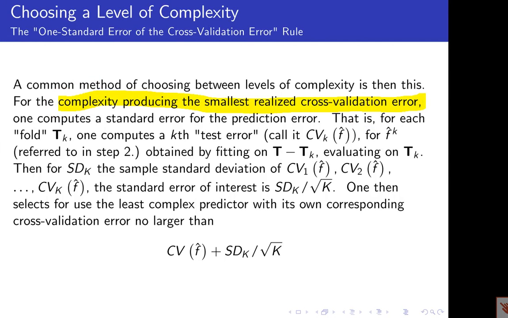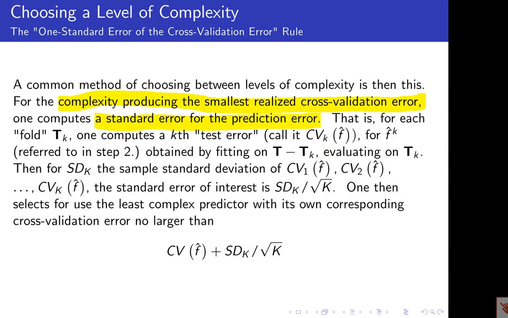So I might have, for a very simple-minded example, I might be doing polynomial regression of orders 1, 2, 3, 4, 5, 6, 7, 8, 9, 10. I look for the one that has the smallest cross-validation error, and then compute a standard error for that prediction error.